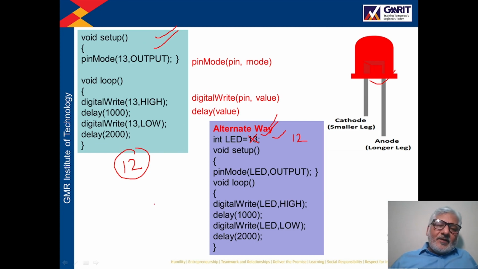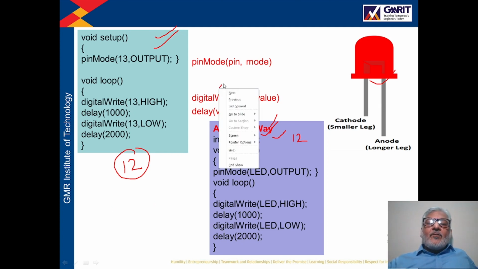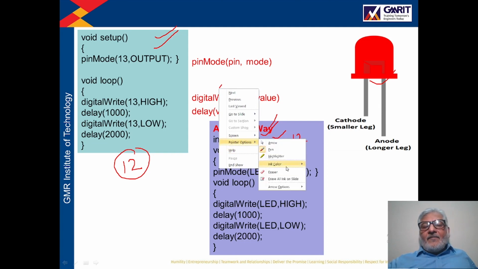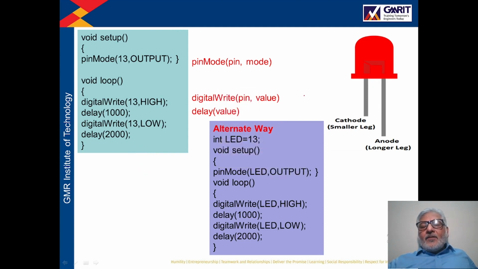So if you want to modify your program, it is always better that you make very few changes, because if you make more changes, there is always a chance of errors. So generally programmers write the program in this way, okay? In the next lecture I will demonstrate how this LED will toggle, okay?